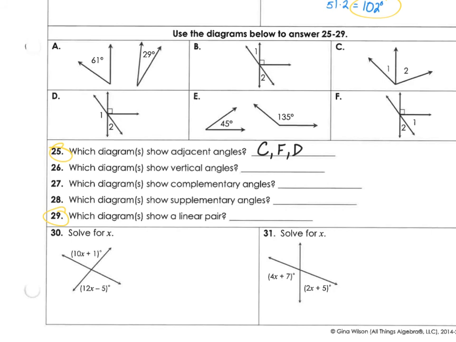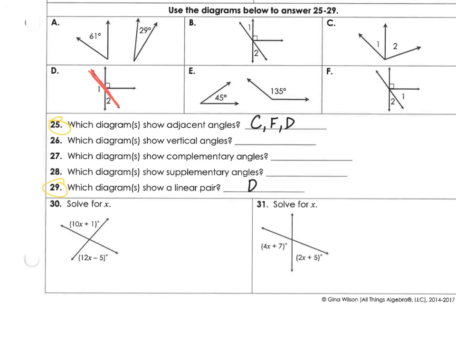They'd be supplemental. Nope. What'd you say, Savannah? D. It would be D because they're on the same line, right? Because if you look here, they're on this line. Yep. They'd be a linear pair.